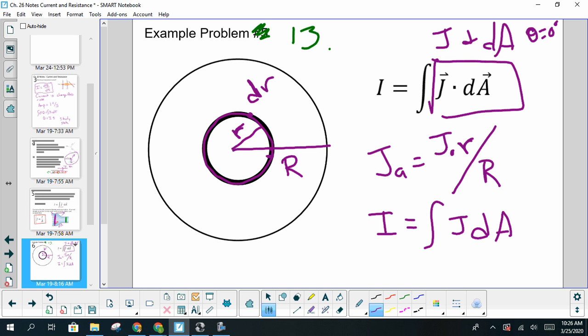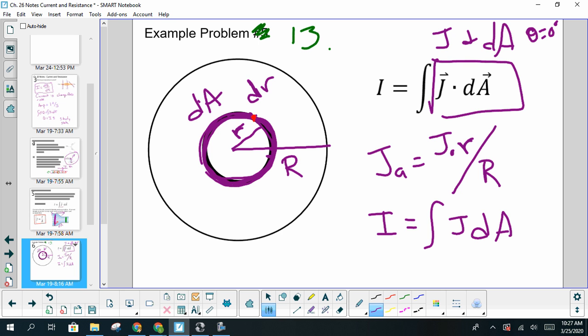And then that dA would be that whole big area there. Are you following me? That is our dA, and our dr is that little teeny bit in there. Maybe I should make that a different color. Here's my dr, and that whole color in there is my dA.